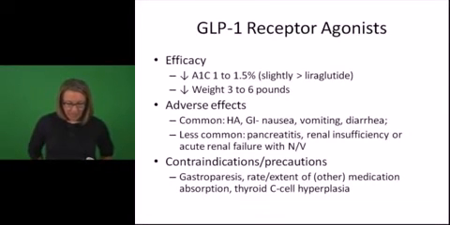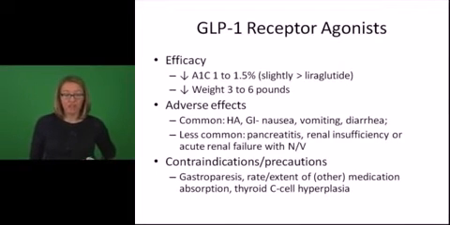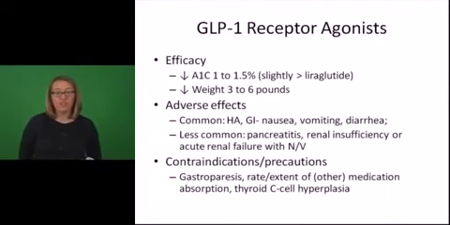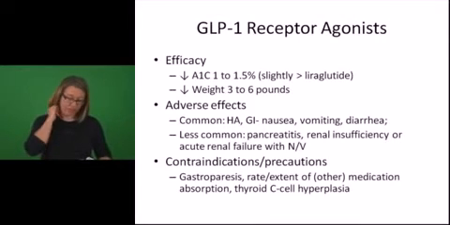The most common adverse effects with this drug class include headache and gastrointestinal side effects, which include nausea, vomiting, and diarrhea. Less common adverse effects include pancreatitis, renal insufficiency, or acute renal failure. Contraindications and precautions include patients with gastroparesis, and the rate and extent of other medications and absorption may be affected.